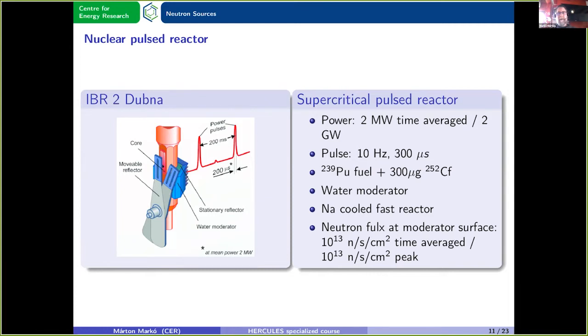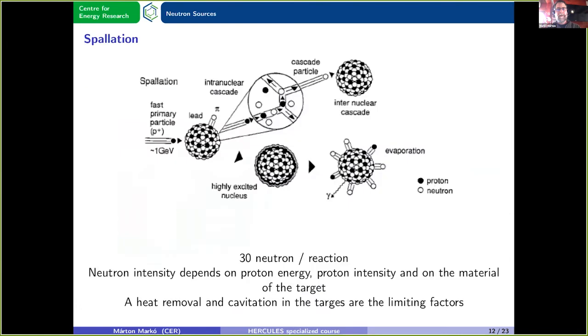In our case, it makes a very high power, where we can see it's gigawatt, and then goes down to close to 0, and that's why in the peak it is 10 to the 16 neutrons per second per square centimeter. And we can use it for time of flight experiments. In the afternoon, I will tell you what a time of flight measurement is.